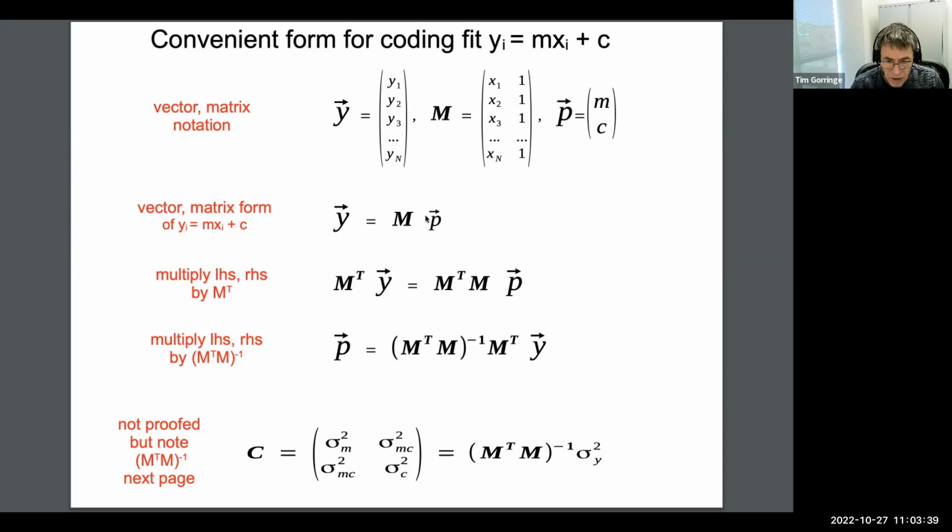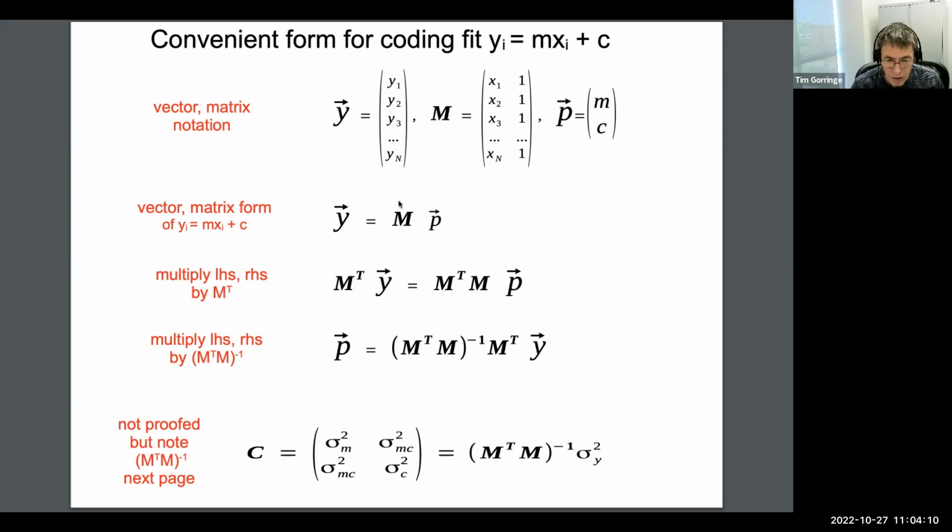You can understand this. You can picture this. If you just imagine multiplying the top row of the matrix by the vector that contains the parameters, you'll get M times x1 plus C. And that will equal the dependent variable y1.